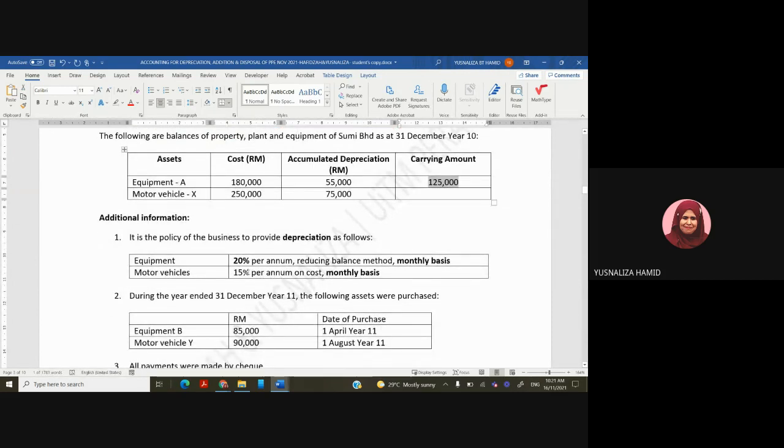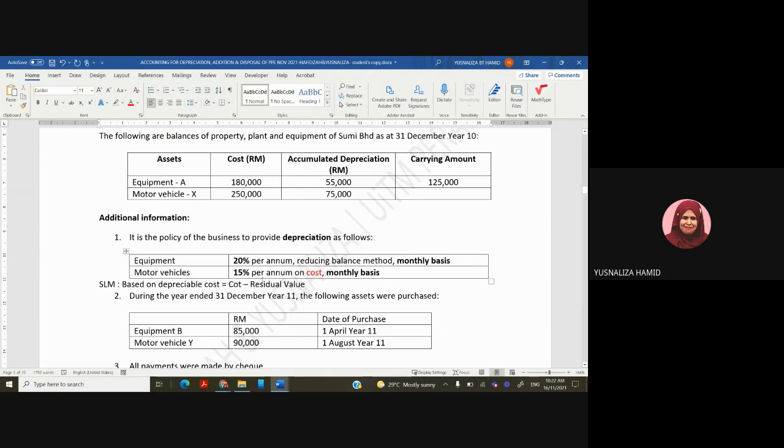For equipment B, it is using the straight line method. How do I know it is using the straight line method? Because it has the word cost here. The word cost simply means that the depreciation under the straight line method, SLM, is based on depreciable cost. Depreciable cost is cost minus the residual value, if you have any.